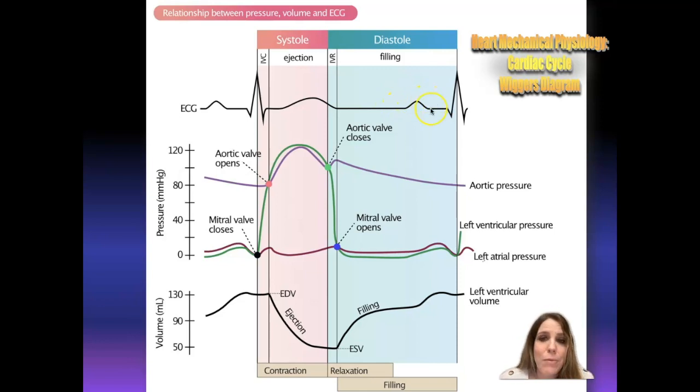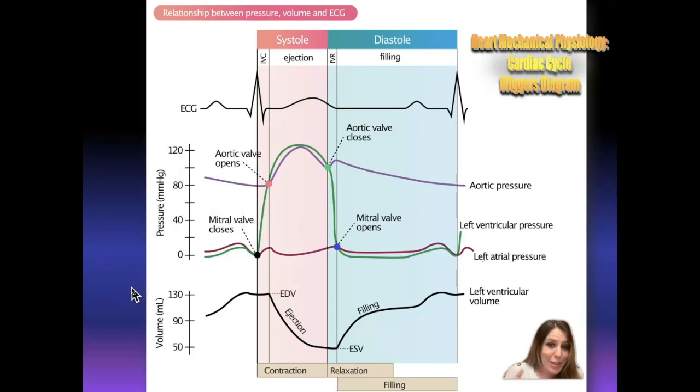Then here's your P wave where you're getting depolarization of the atria, and finally by the end of diastole of the ventricles, they're now entering systole, and that's where you're getting that QRS complex here before they enter repolarization, and that's where you get that T wave right there. Okay, so that's a little bit of a breakdown.